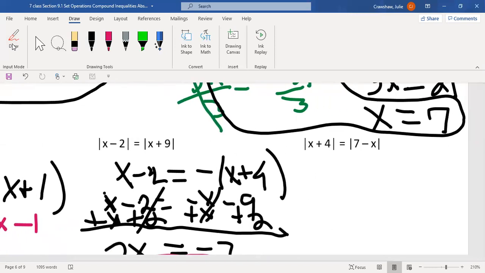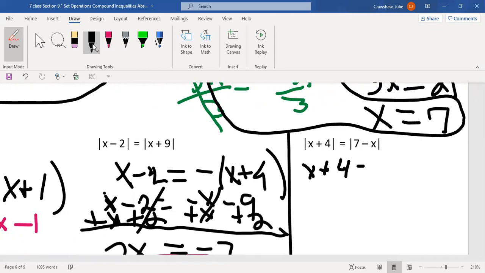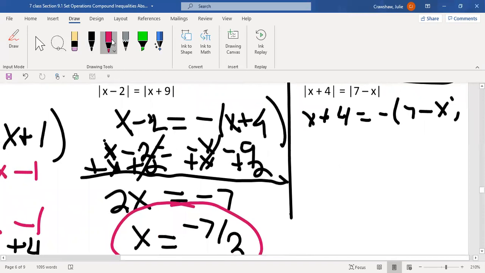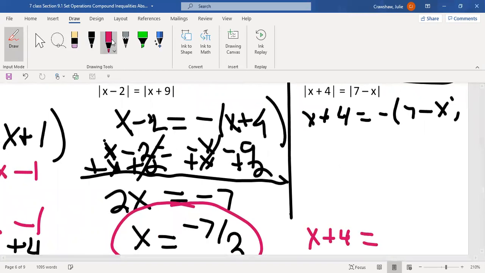This last situation, I'm going to again say x plus 4 equals the opposite of 7 minus x. That's my first equation. And then my second equation would be x plus 4 equals 7 minus x. Those are my two equations that I'm going to try to solve.